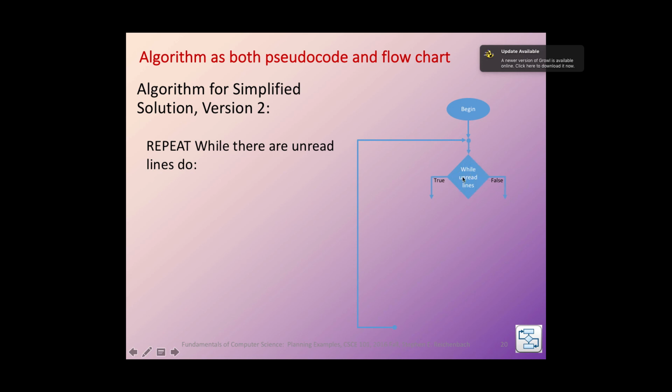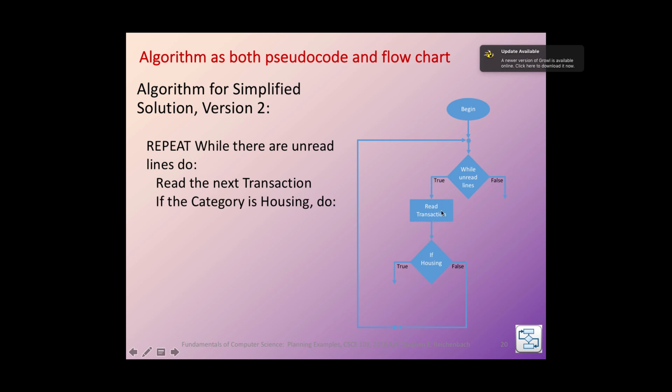Okay? We read the next transaction and we hit our conditional. If the category is housing, we add the amount to the total. You can see here we're adding the amount to total.